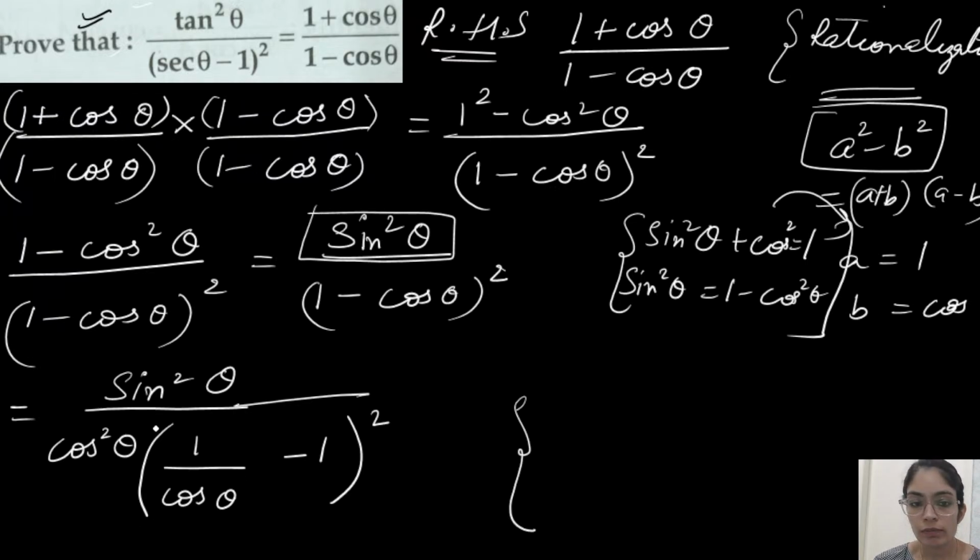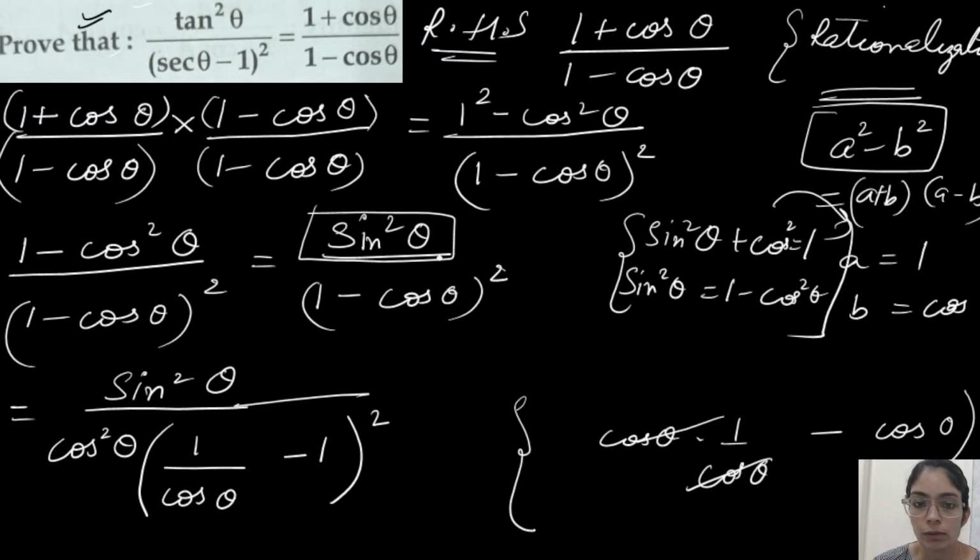If I multiply cos theta into 1 by cos theta, I'll get 1 minus, and here only cos will come. So it becomes the same expression as it was earlier. What I have done is just take cos common. Is this step clear, how I have taken cos common?